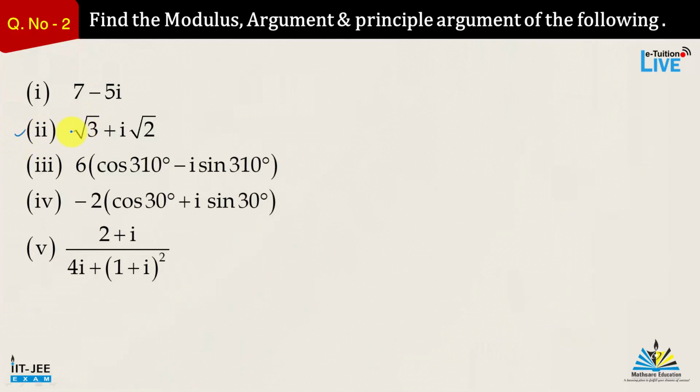Let's have the second question. This is in the first quadrant. So the modulus of root 3 plus iota root 2 is equal to under root of root 3 square, which is 3, plus root 2 square, which is 2. So this is root 5. And let's talk about the principal argument. Amplitude of root 3 plus iota root 2.